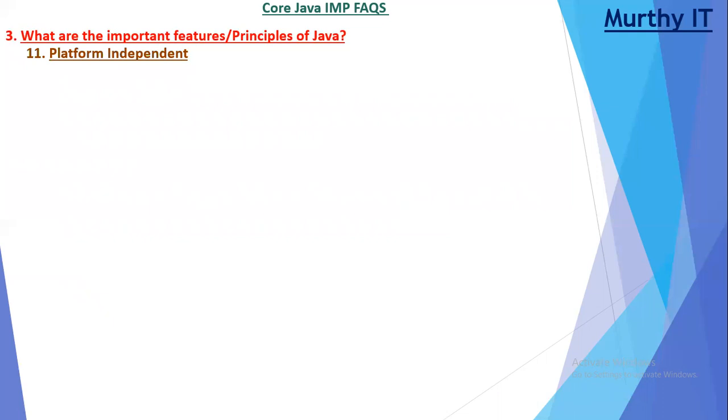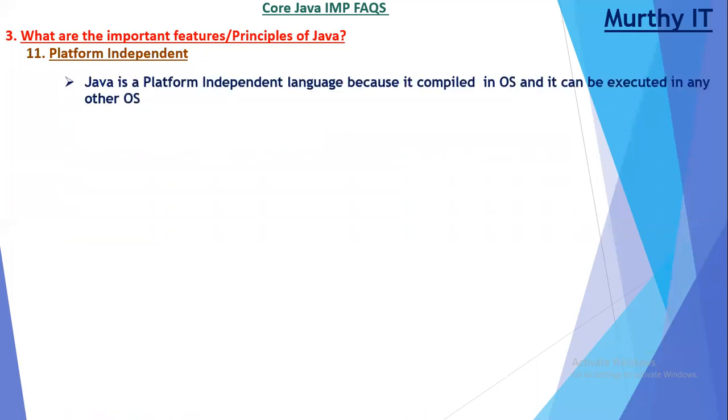Because of the JVM, Java is a platform independent language. From operating system to operating system, JVMs will be different. The JVM converts our dot class file for the current operating system. That's why a Java program is platform independent.